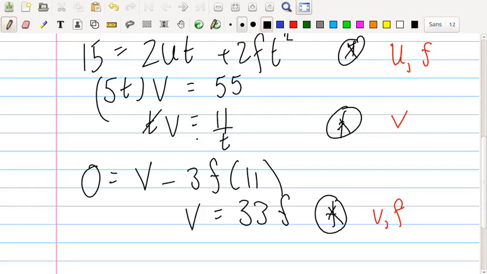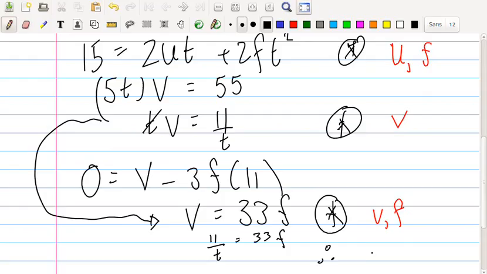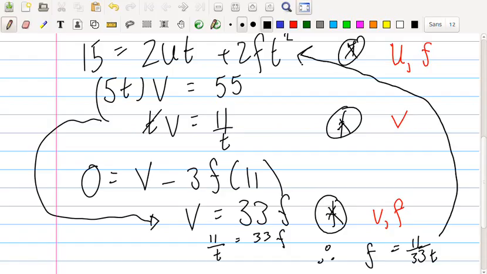Now we treat v as known and put it into that one: 11 over t equals 33f. So f is 11 over 33t.